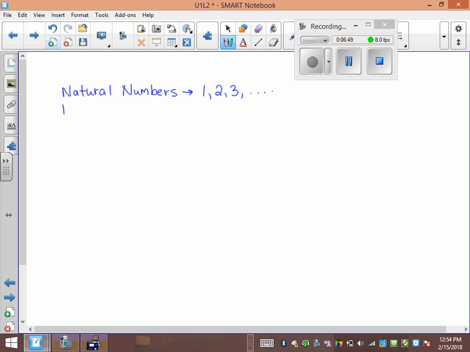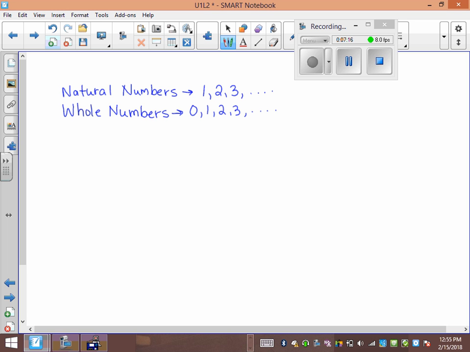Then the next set is whole numbers. Does anyone know the difference between natural and whole numbers? Whole numbers have the number with a whole, which is 0, and then the exact same thing. Only difference is they have 0. Okay? Only difference. So we're little and we realized, hey, there's a 0 in the world.